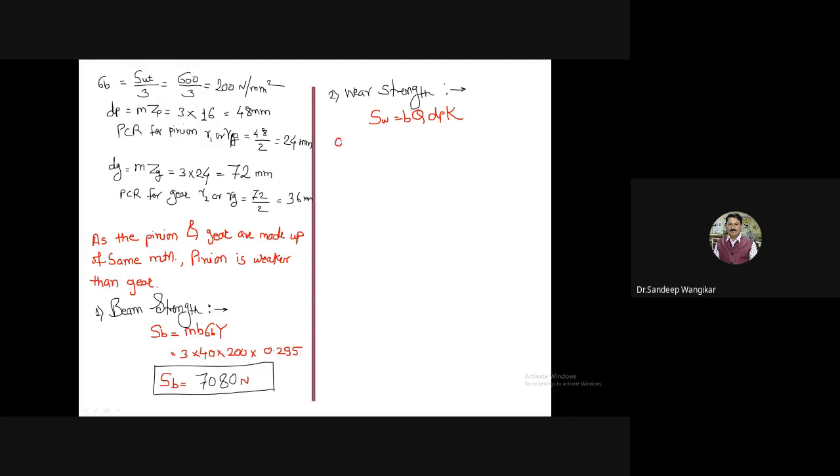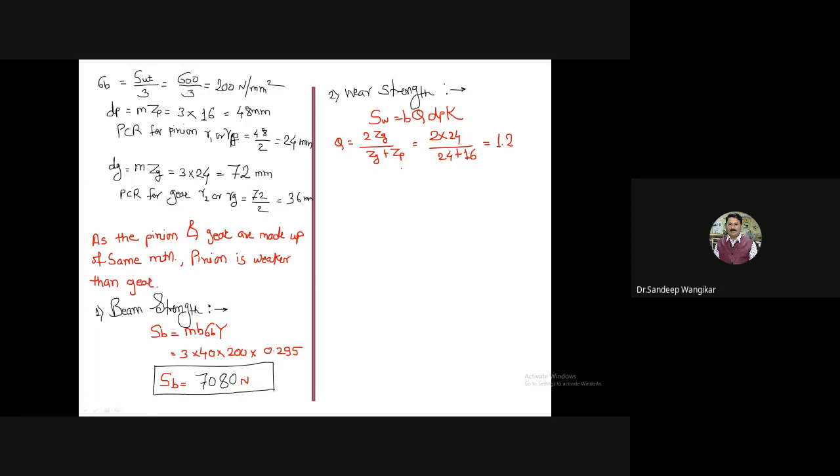Let us calculate Q: twice ZG divided by ZG plus ZP. Substitute 2 into 24 divided by 24 plus 16, and you will get the Q value as 1.2. Simple calculation. Then dp we have calculated.